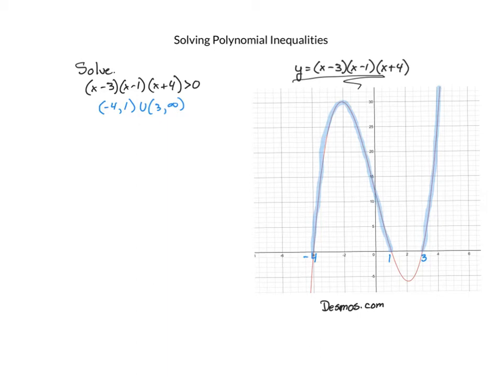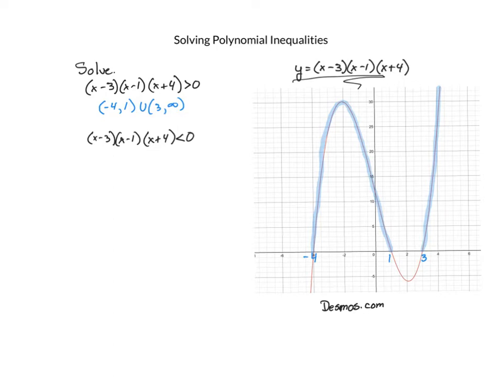But this graph would also help us to solve this inequality: (x - 3)(x - 1)(x + 4) is less than 0. Notice this time we're looking to see where the y values for the function that we have graphed are negative.